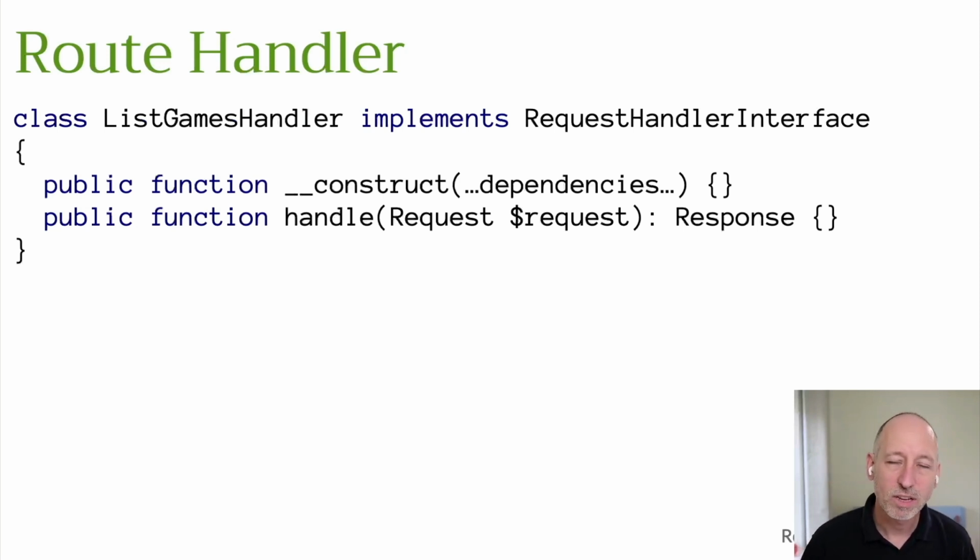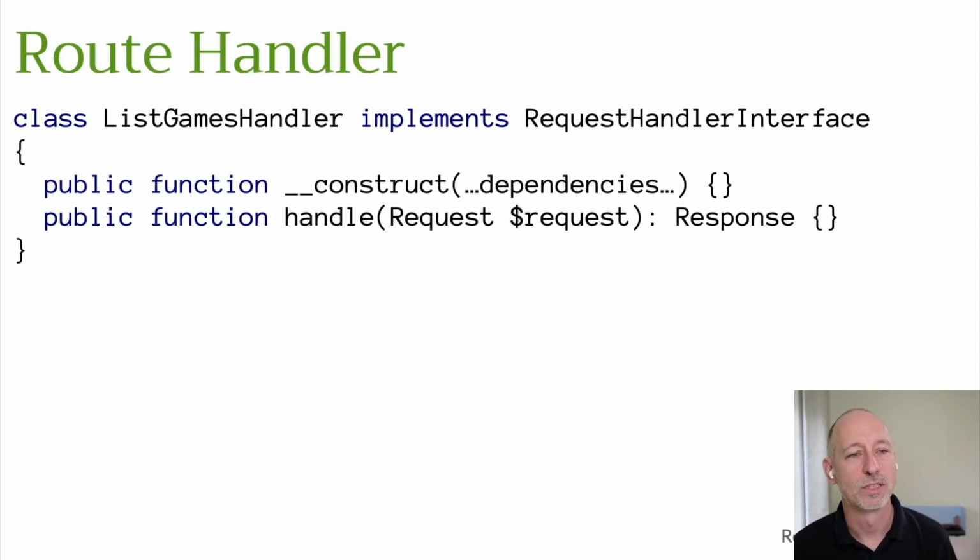The constructor is where you're going to have your dependencies, so that when the dependency injection container instantiates our handler, we have all the required instances of the things we need to perform our operation. And then we have the handle method, which is a requirement of the interface itself. It actually takes a ServerRequestInterface, which has been aliased to Request in this example, and it takes a ResponseInterface, which has been aliased to Response, mostly to make the code fit on the slide.